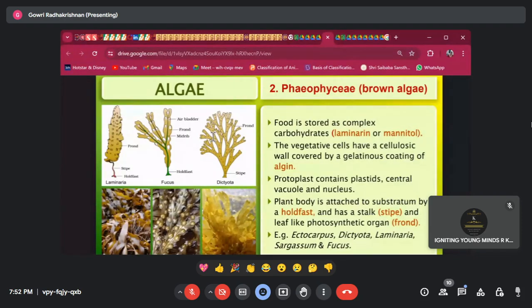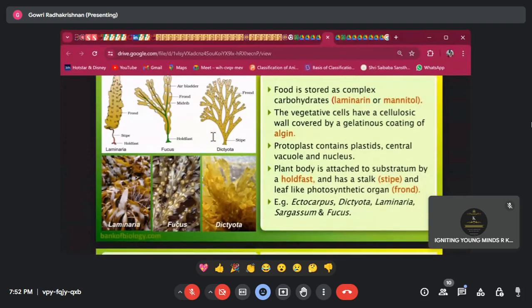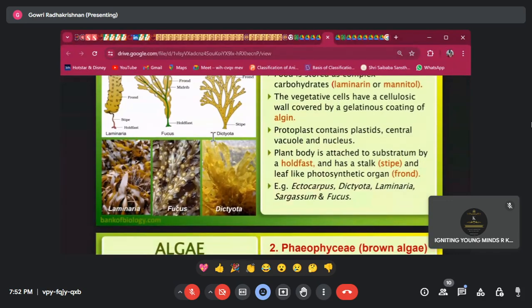The vegetative cells have a cellulosic wall covered by a gelatinous coating of algin. Protoplast contains plastids, central vacuole, and nucleus. The plant body is attached to the substratum by a holdfast and has a stalk and a leaf-like photosynthetic organ. Examples: Ectocarpus, Dictyota, Laminaria, Sargassum, and Fucus.